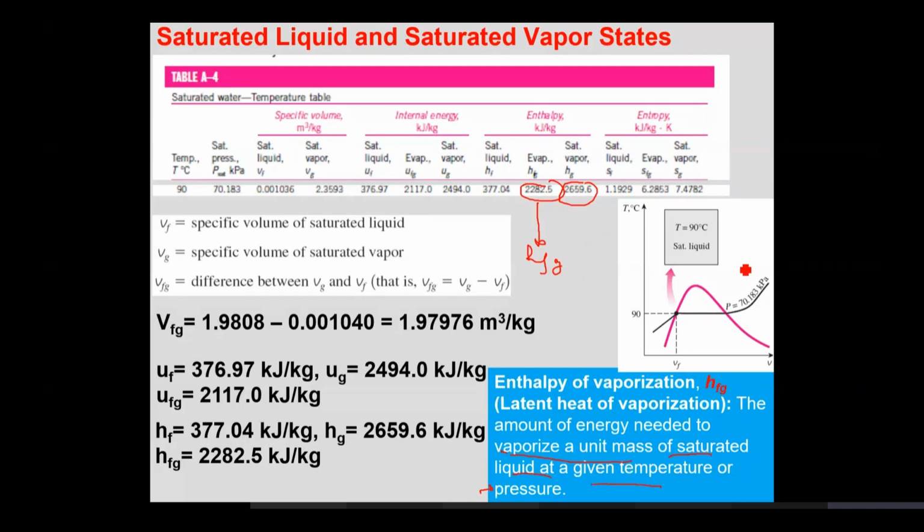All right. So at 90 degrees centigrade and 70.183 kilopascal, you require 2282.5 kilojoules per kg of energy to convert saturated liquid into saturated vapor. So far, is it clear?